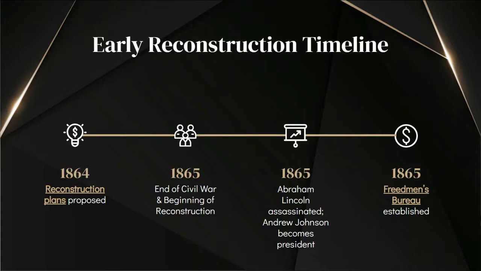Andrew Johnson becomes president, and he also has an idea of what Reconstruction should be, how to bring the southern states back into the Union. But with Abraham Lincoln being assassinated, that plan, his 10% plan, kind of goes by the wayside. And then Andrew Johnson's plan has its time on stage and its consideration.